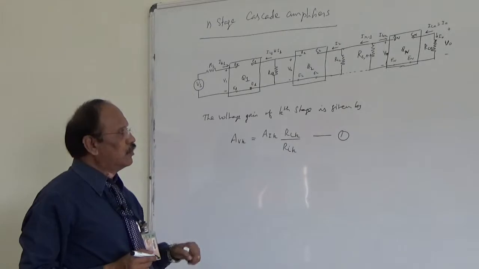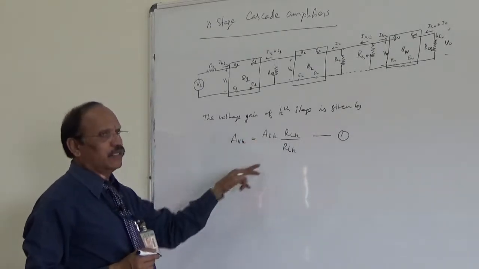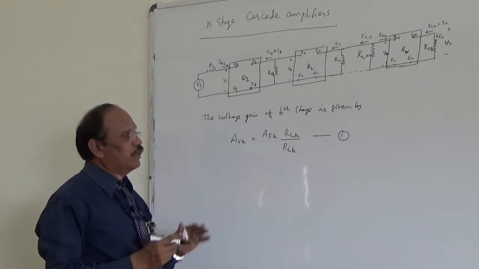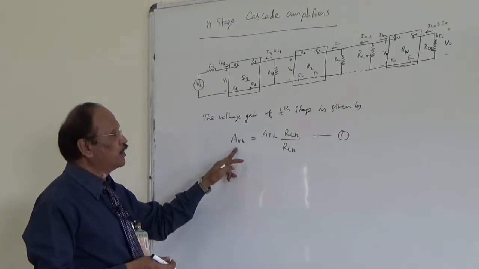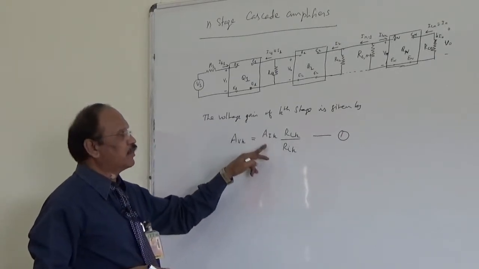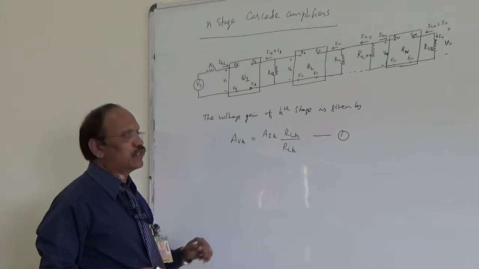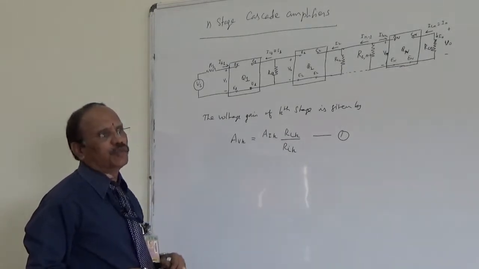So we have derived this expression earlier: for any particular transistor amplifier, the voltage gain can be obtained by the corresponding current gain of the stage multiplied by the load resistance divided by the input resistance.